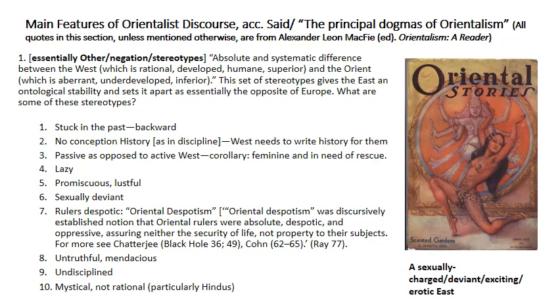So here then is the set of 10 stereotypes. Point number one, the main feature of Orientalism, the most marked and obvious tendency of Orientalist discourse, according to Said, is to negate the East through this set of stereotypes. Moving on.